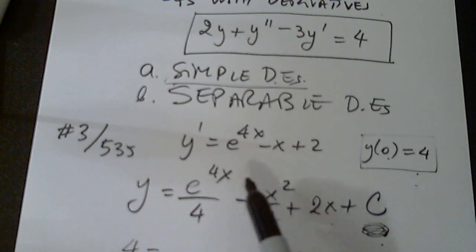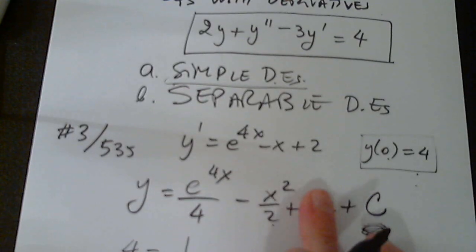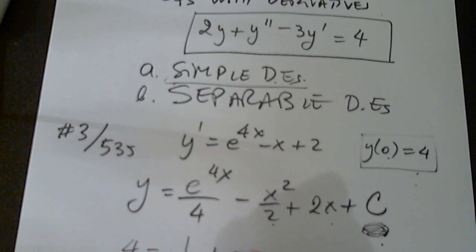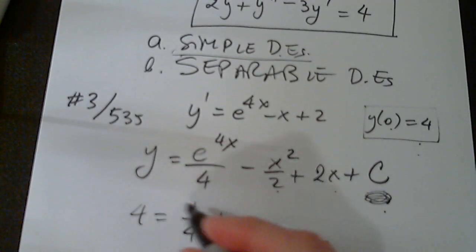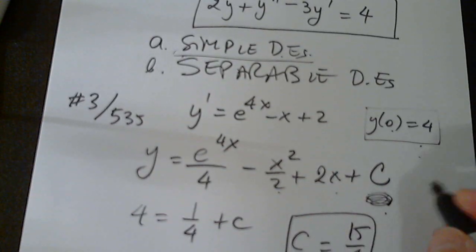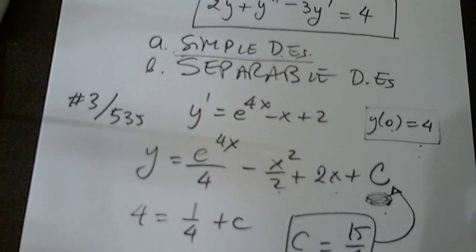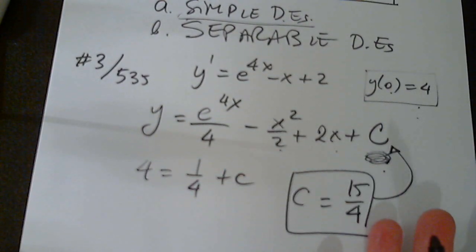So 4 equals e to 0 is 1, over 4, this is 0, this is 0, plus c. So then c is 4 minus 1 fourth. So 16 minus 1, 15 fourth. All I have to do is plug it in. And that's it. Nothing new in this so far.